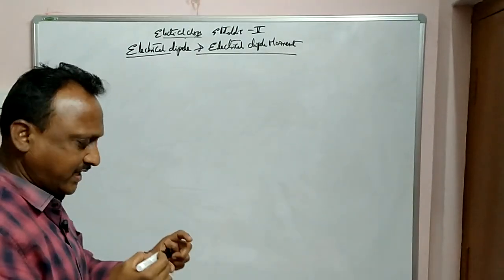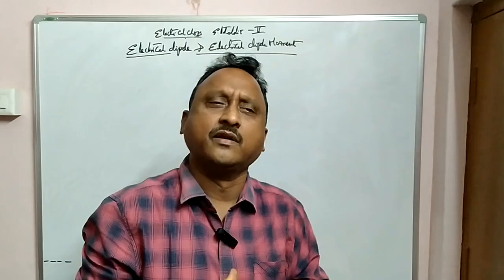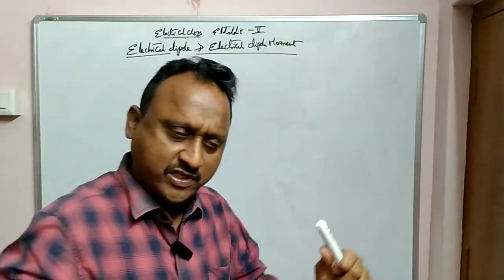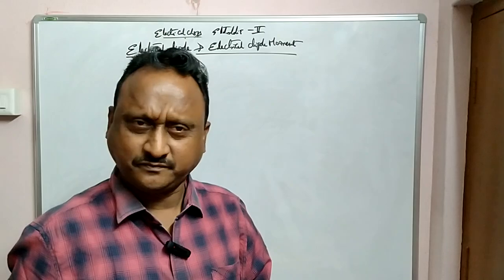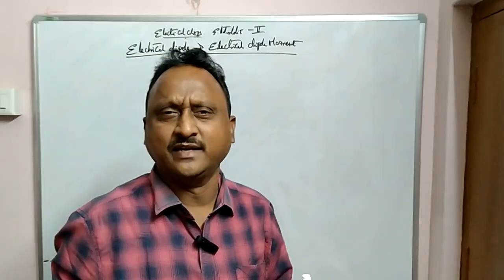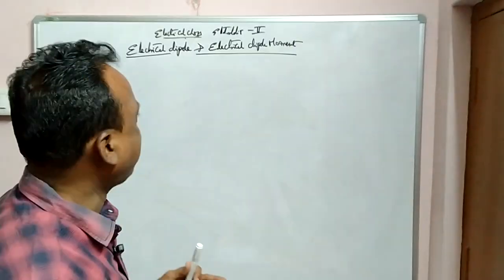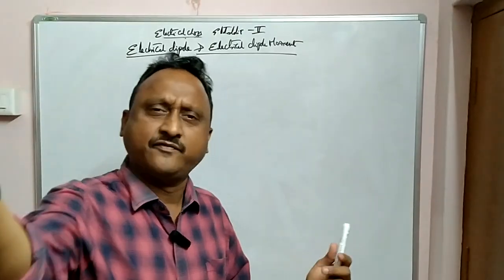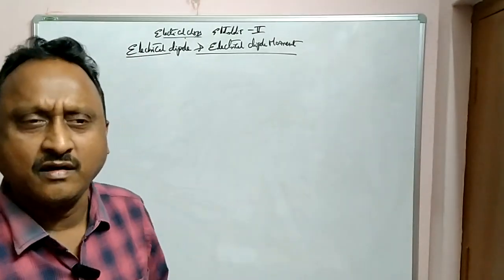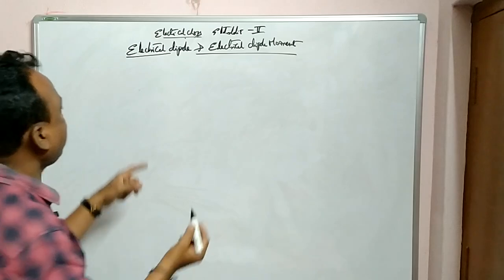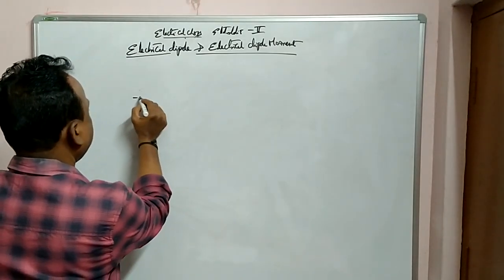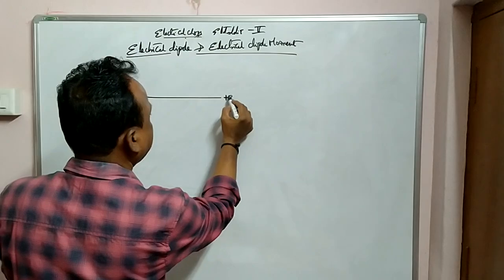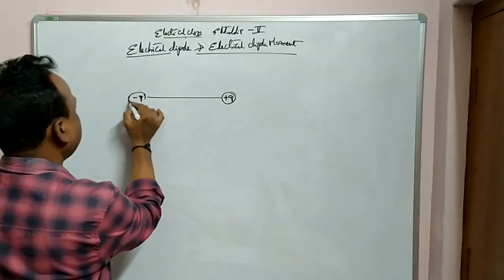See, already we studied in dynamics and other chapters, a couple: two equal and unlike forces acting on a body, which produces torque. In angular momentum, two equal and unlike forces acting on a body at different points constitute a couple. So here, an electric dipole means, see, one is a negative charge, another is a positive charge.